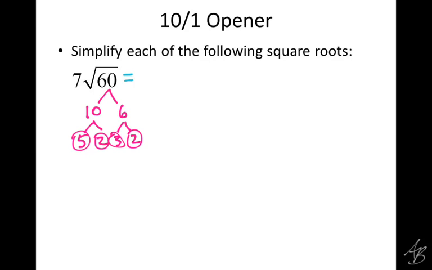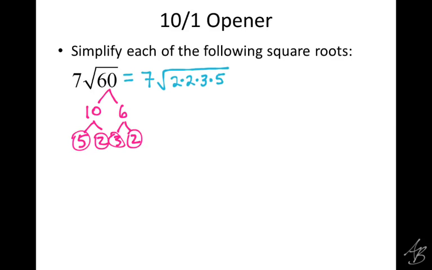So when we rewrite it here, instead of the 60, we're going to have 2 times 2 times 3 times 5. Yes, that's really important. So in this problem, we started with a coefficient. We need to make sure we keep that coefficient there. So there's a 7 in front of the square root. Make sure we keep that 7 in front of the square root. All right, so when we rewrite it, we need to make sure we have everything.